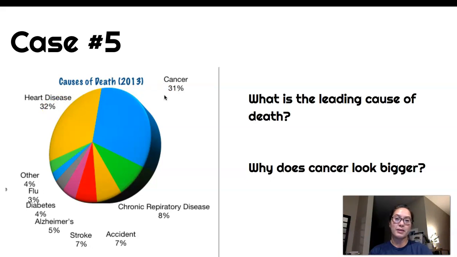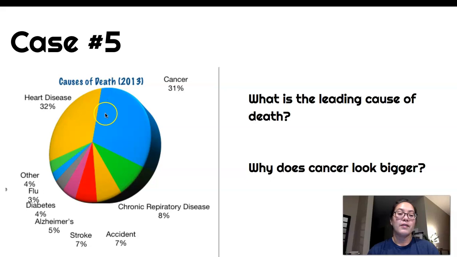Well, in this case, it's because the graph's creator decided to make a 3D graph. And it's not clear if this person did it intentionally, but an unintentional consequence of the choice they made is that when you look at it, your eye takes in this edge, which makes it seem like it has more surface area than the heart disease, which is 32%.